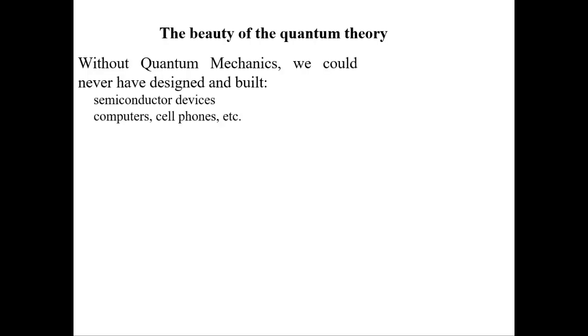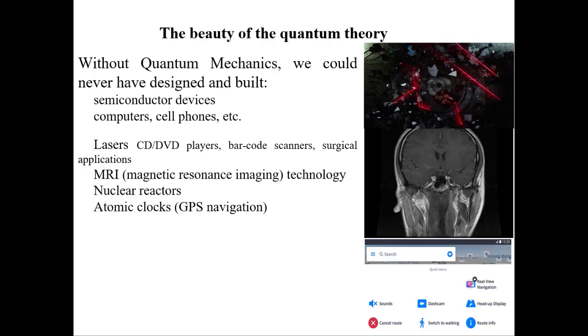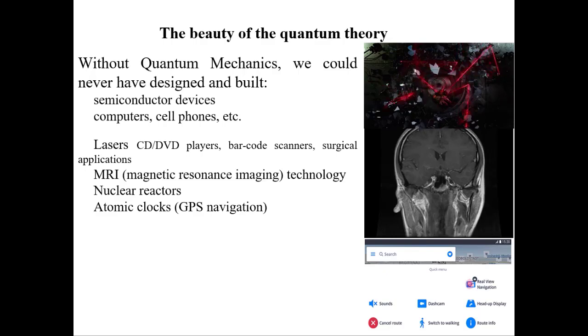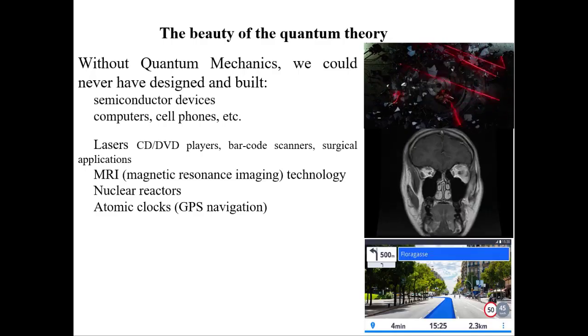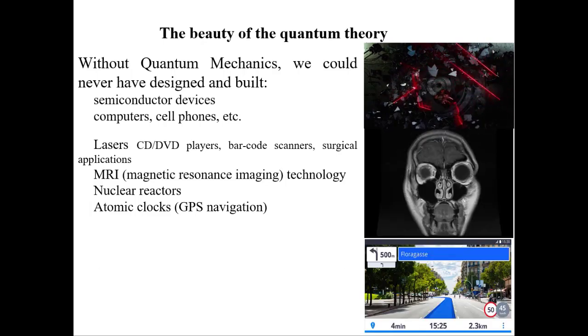I wish to start with what we could miss if some great minds had not developed quantum mechanics. Without quantum mechanics, we could never have had semiconductor devices, computers, cell phones, lasers, CD or DVD players, barcode scanners, surgical applications, MRI, nuclear reactors, and atomic clocks or GPS navigation.